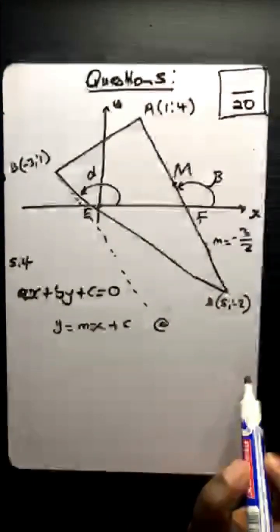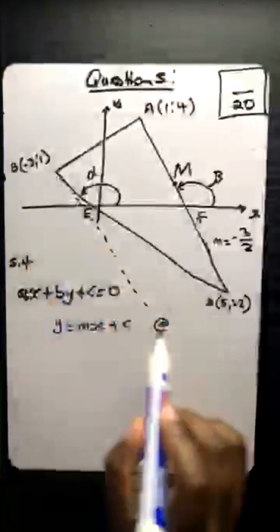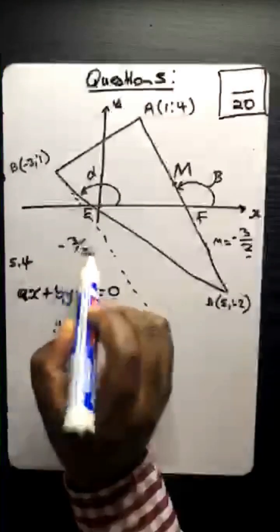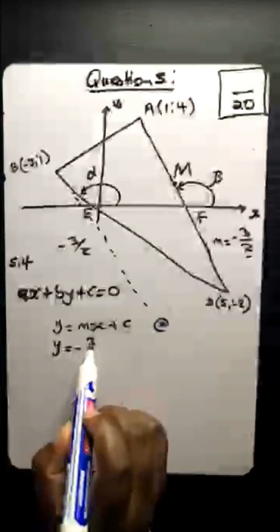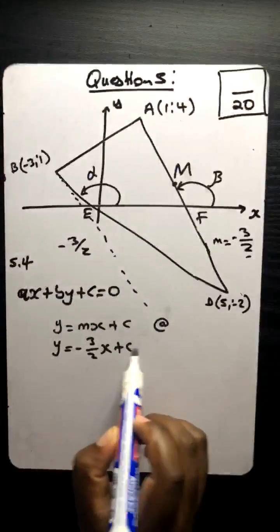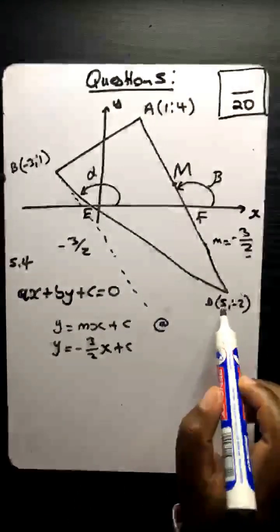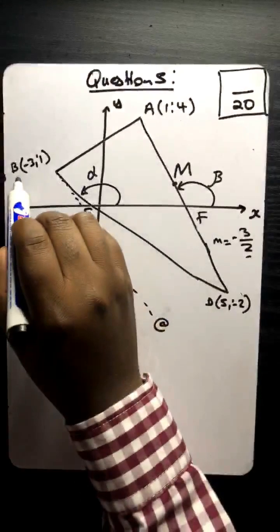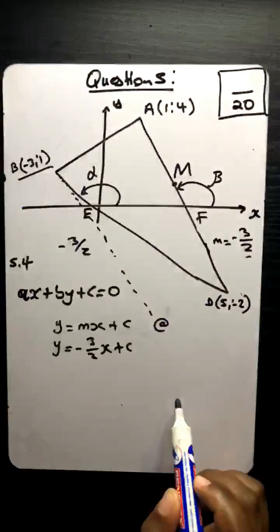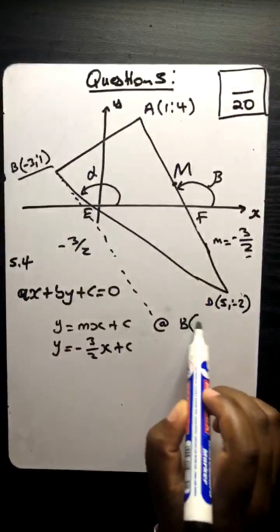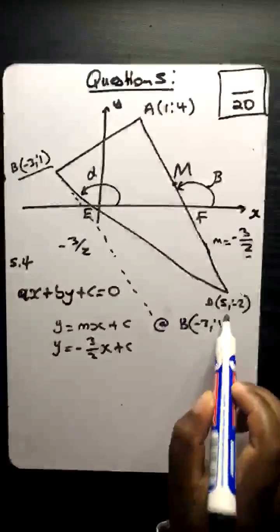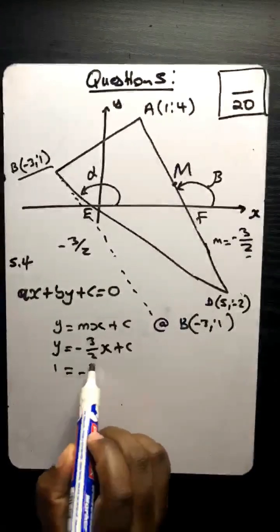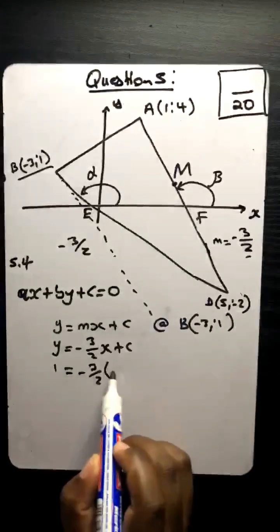I think we know something about this line. Since we know the gradient of that one, this line has the same gradient. So let's substitute it there. Do we have any point on line BC? Oh yes, there's a point because B lies on line BC. So at point B, let's substitute. We have 1 equals negative 3 over 2 times negative 3.